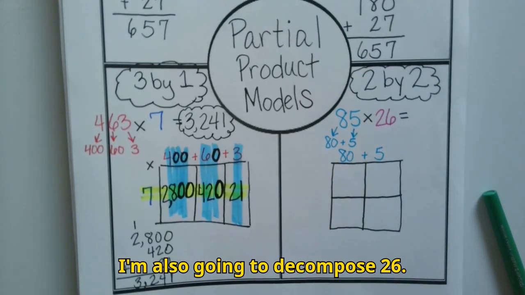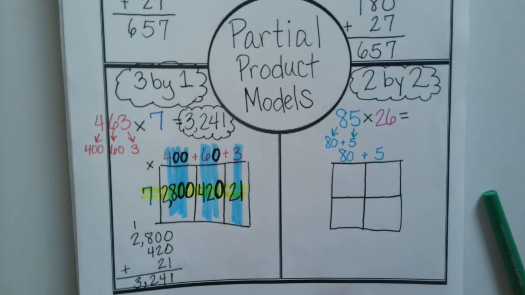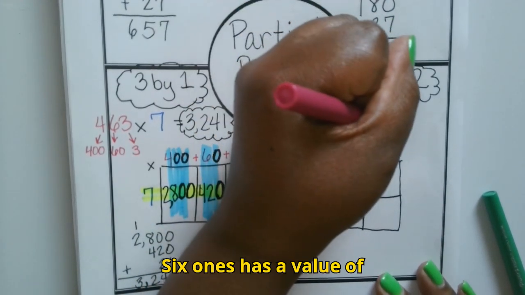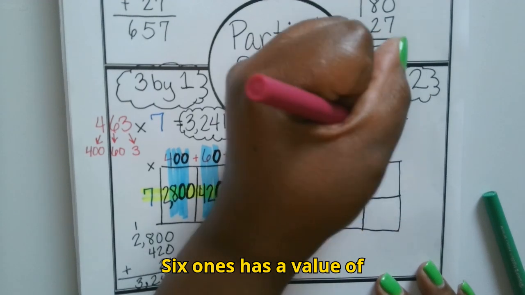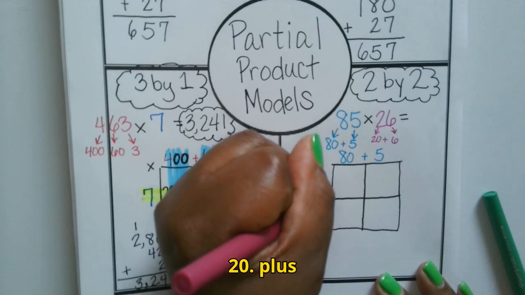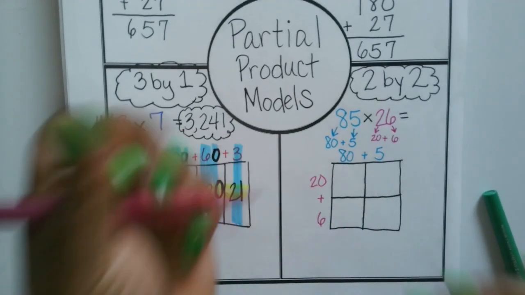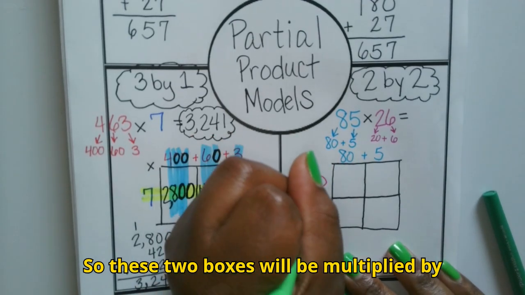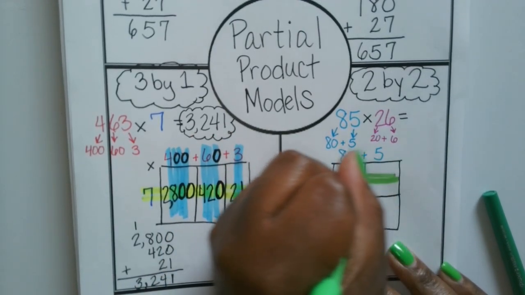I'm also going to decompose 26. 2 tens has a value of 20. 6 ones has a value of 6. So I'm doing 20 plus 6. So these two boxes will be multiplied by 20.